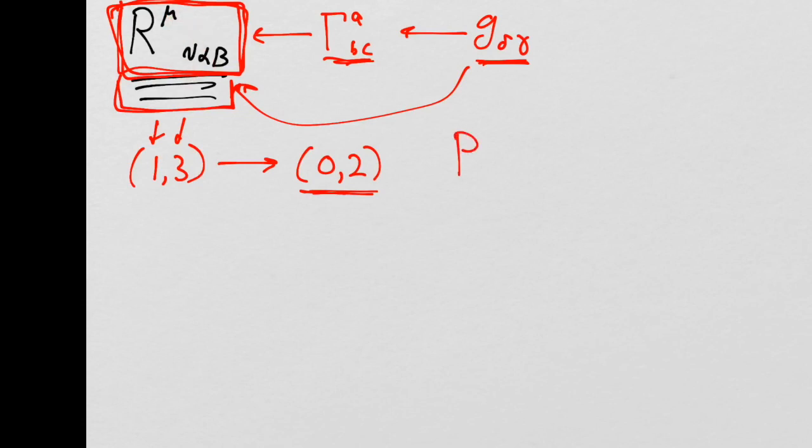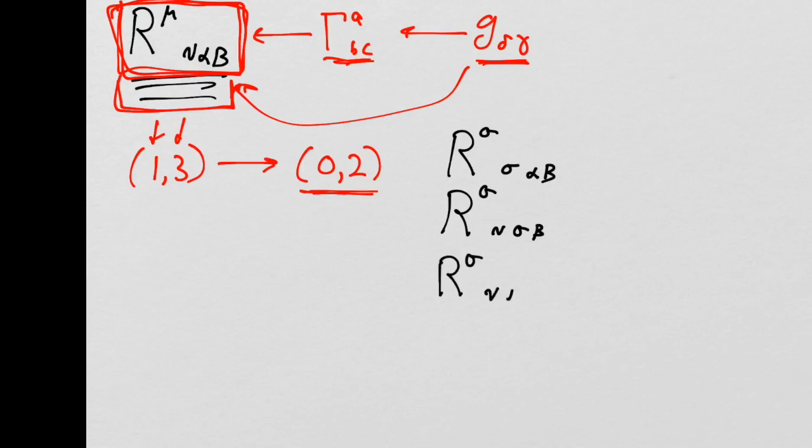We can have R^σ_{νσβ}, or we could have R^σ_{ν ασ}, and the third, contracting on the first two. It's going to turn out, however, that the contraction on the first two will equal 0, and these two will just differ by a factor of -1.